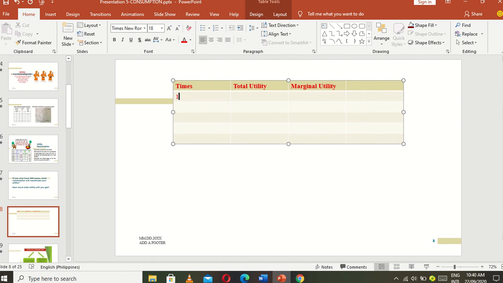Times that you consume the burger, or how many burgers did you consume? 1, 2, 3, 4, 5.